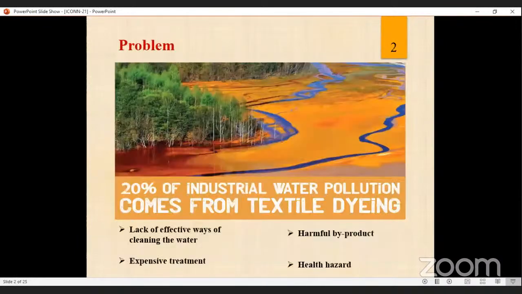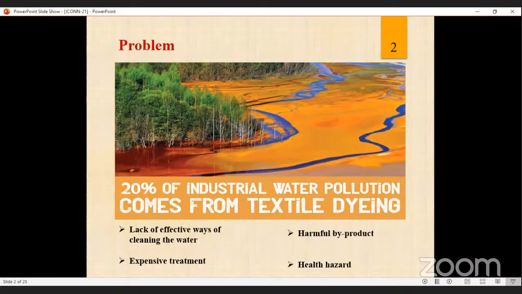So the water body that you're seeing here is not some exotic place, but it is caused by the dye water or wastewater that is dumped into the water bodies from the textile industries. It is a grave issue of concern because it persists due to the lack of effective methods to combat it.